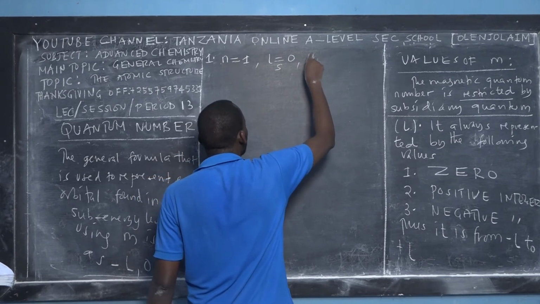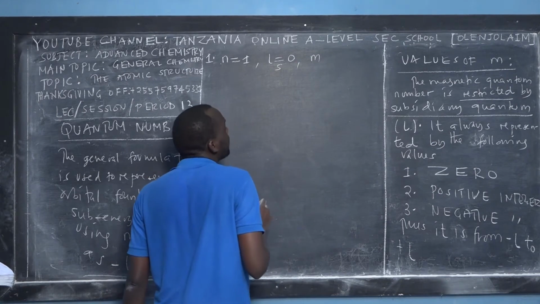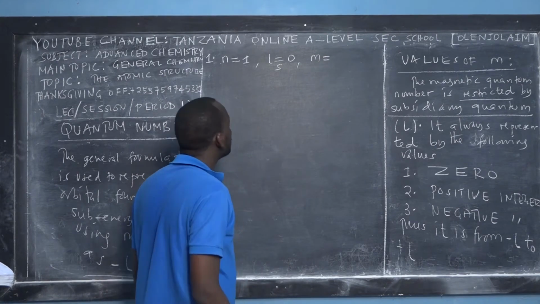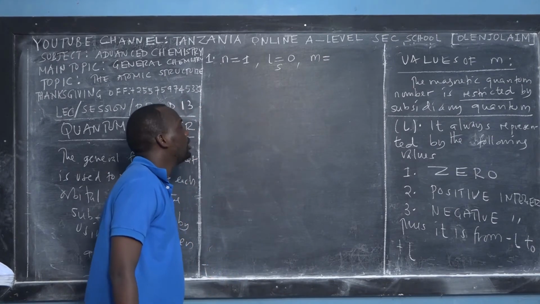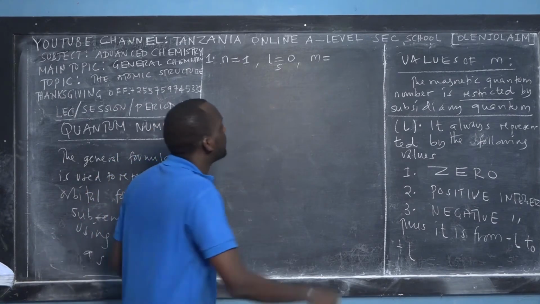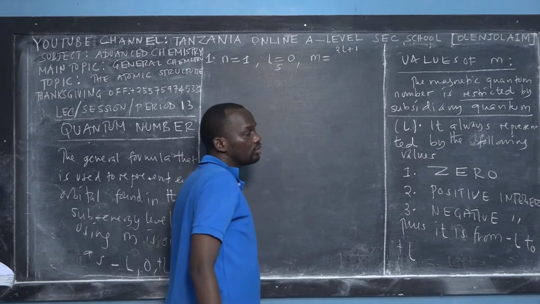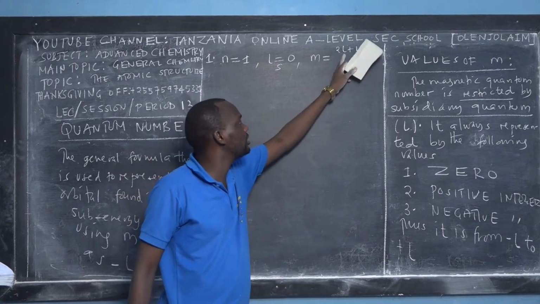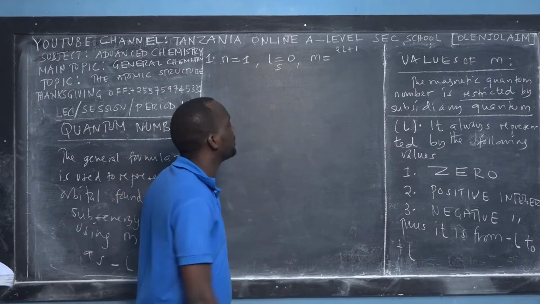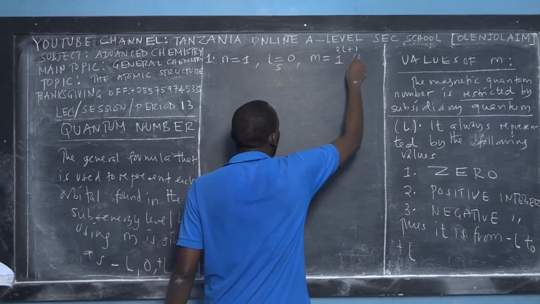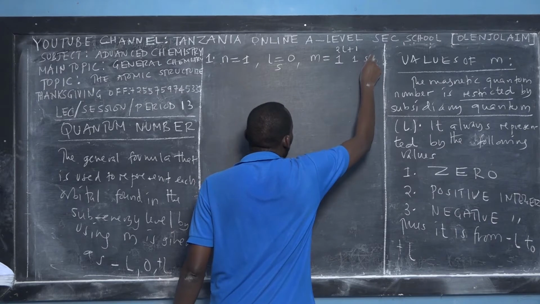Again, today I taught you about the magnetic quantum number. To find the total number of orbitals in this S sub-energy level, we take L equal to 0 and use this formula: twice L plus 1. So substituting L, I get 0 times 2 is 0, plus 1, so we get 1. Here we have only one S orbital.